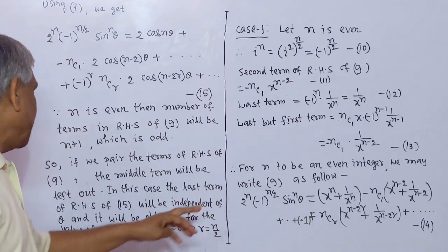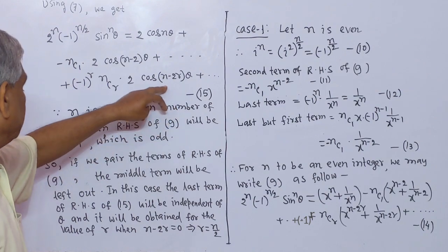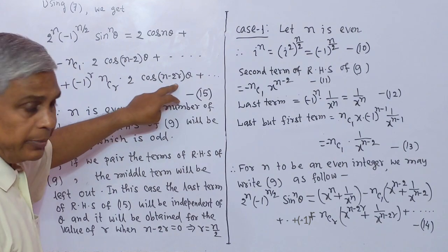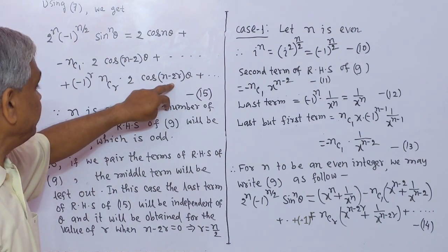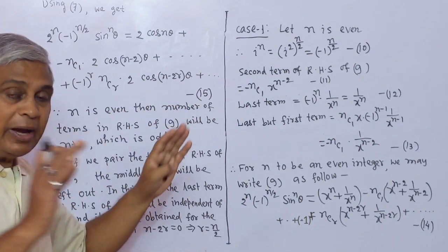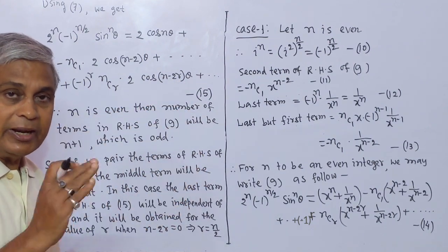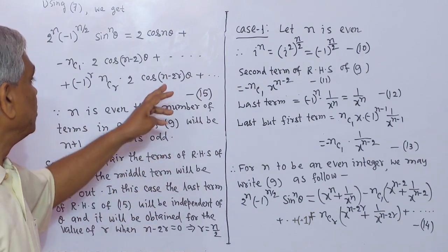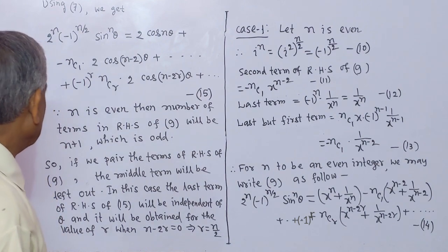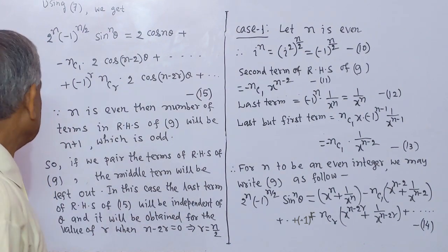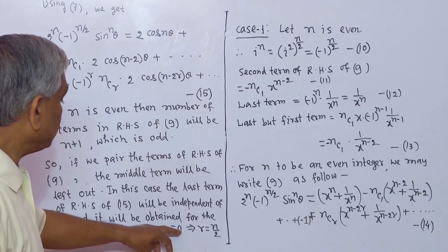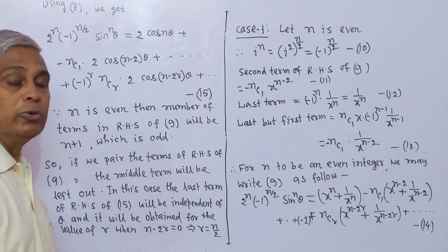In this case, the last term of the right hand side of 15 will be independent of theta, because here we have n minus 2r in the generalized term. n is even, 2r is even, so even minus even, same even number minus same even number, is 0. So the last term will be independent of theta. It will be obtained for the value of r when n minus 2r equal to 0, which implies r equal to n by 2.